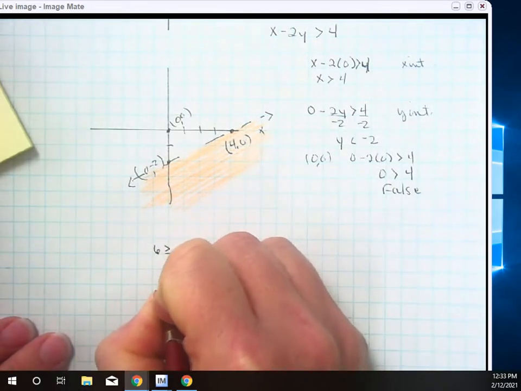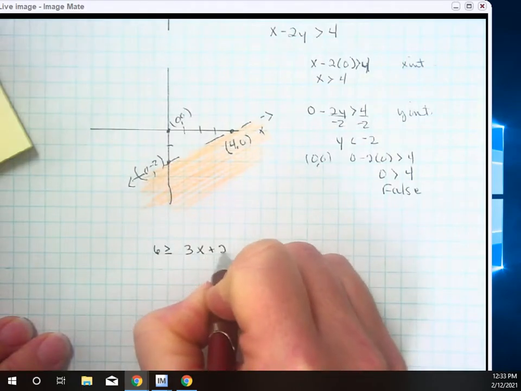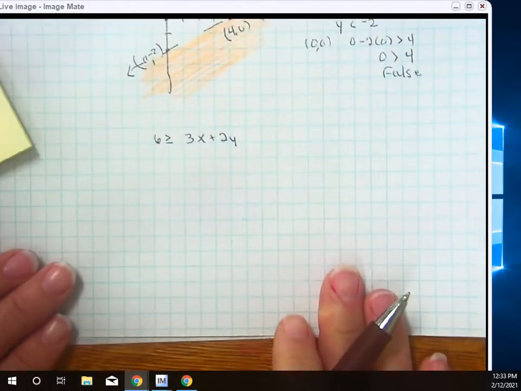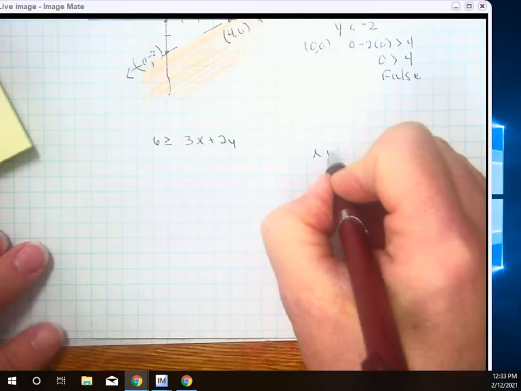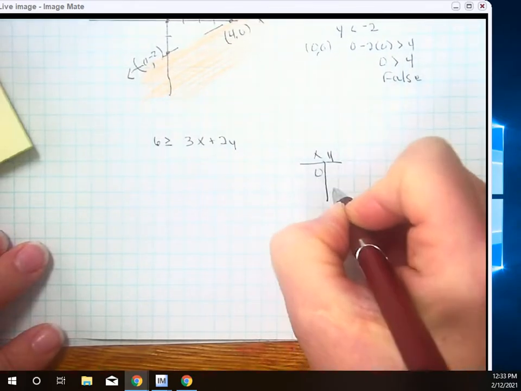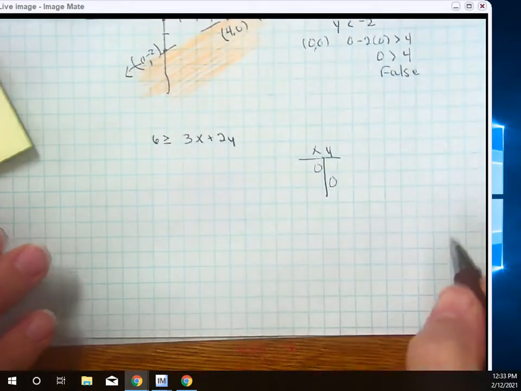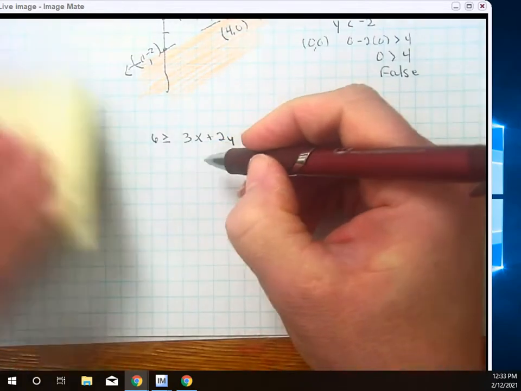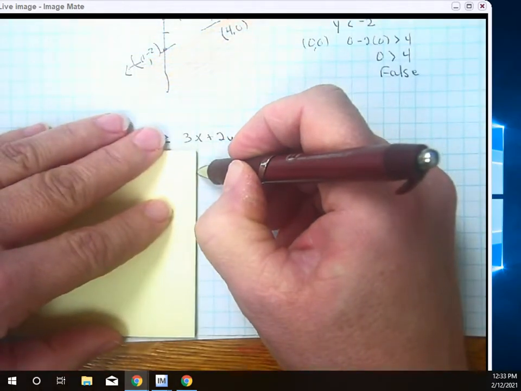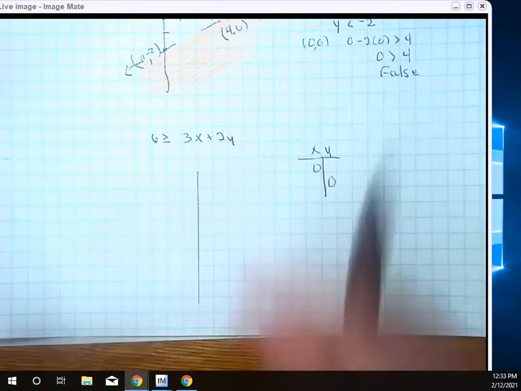6 is greater than or equal to 3x plus 2y. Again, this is in standard form. I'm going to use my y-intercept and my x-intercept, substituting the values into the equation.